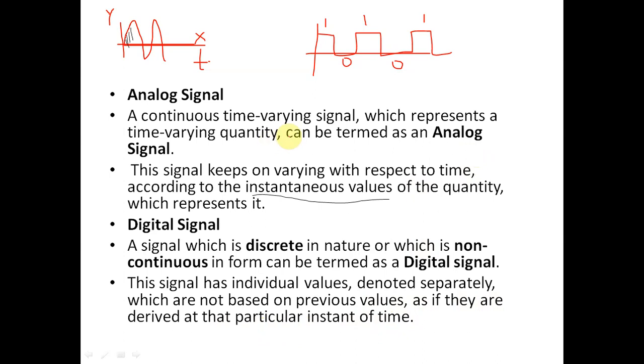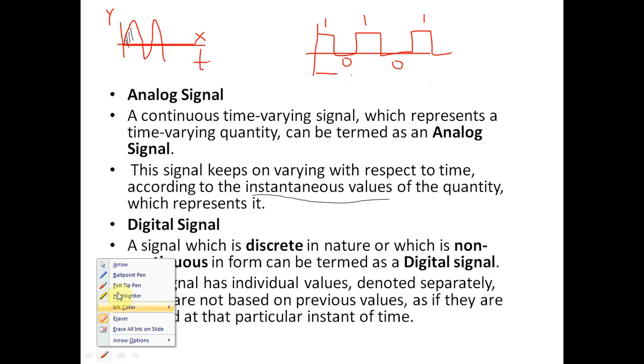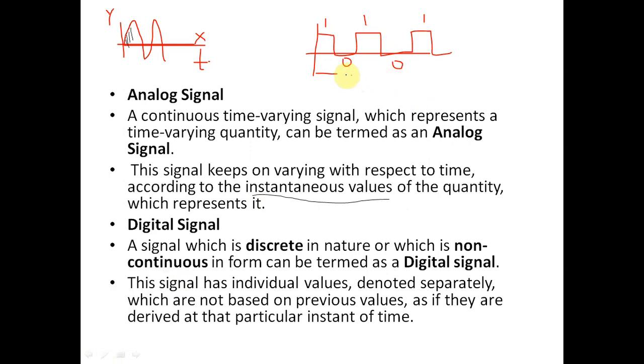Here this much time period has a value 1, this much time period has a value 0, this time period has a value 1, this much time period has a value 0.